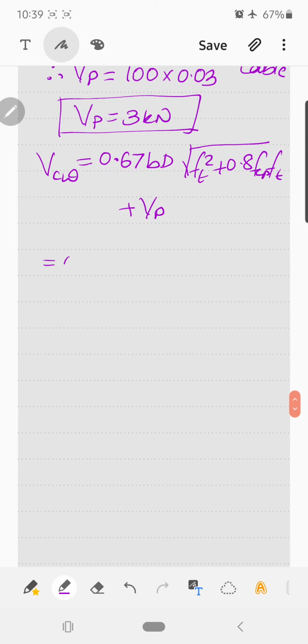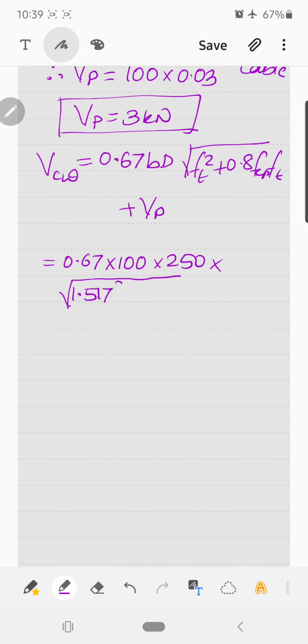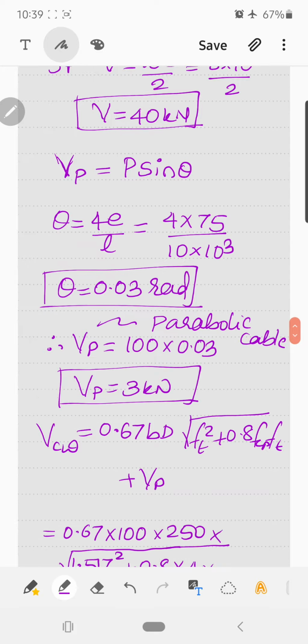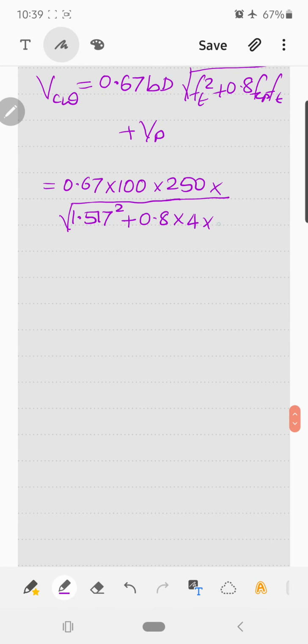So VCW is 0.67 into 100 into d 250 into root of 1.517 square plus 0.8 into FCP 4 Newton per mm square, into Ft 1.517, plus VP value 3 kilonewton, which is 3 into 10 to the power of 3 Newton.